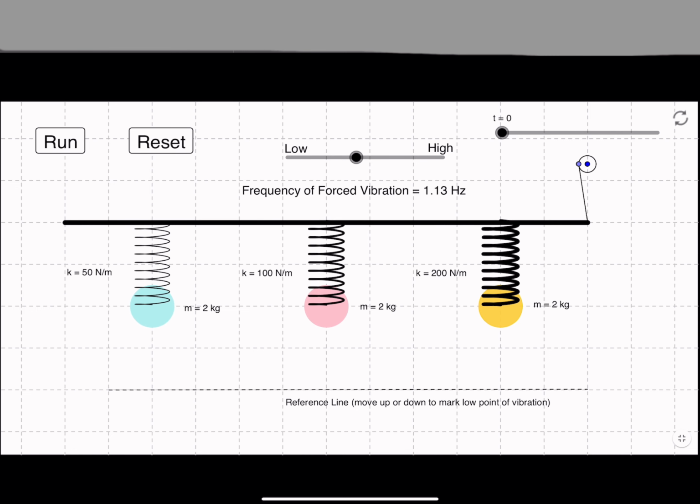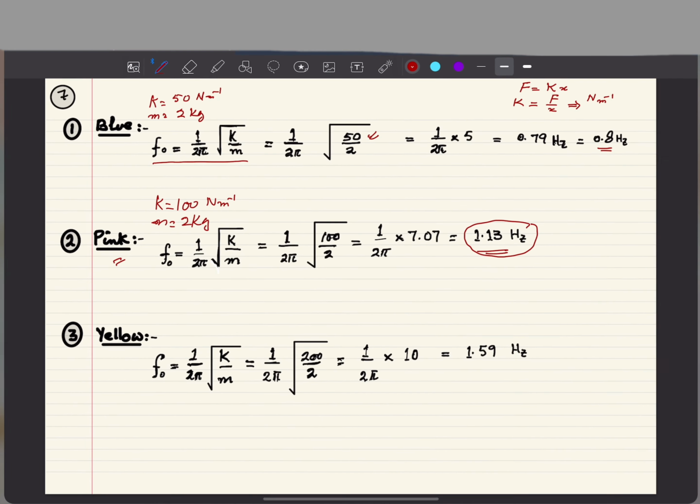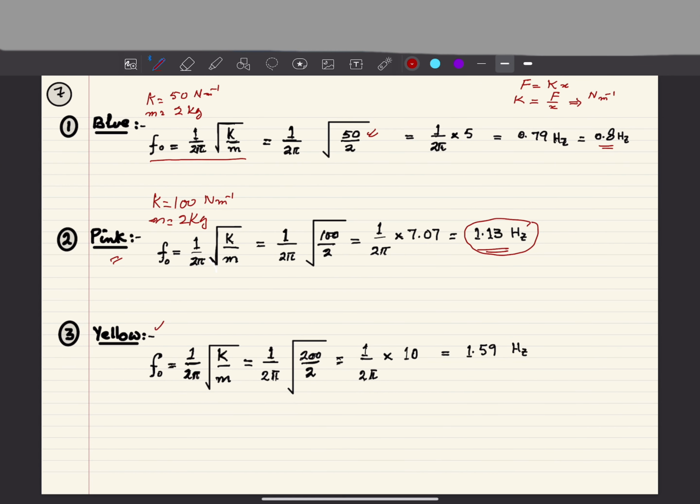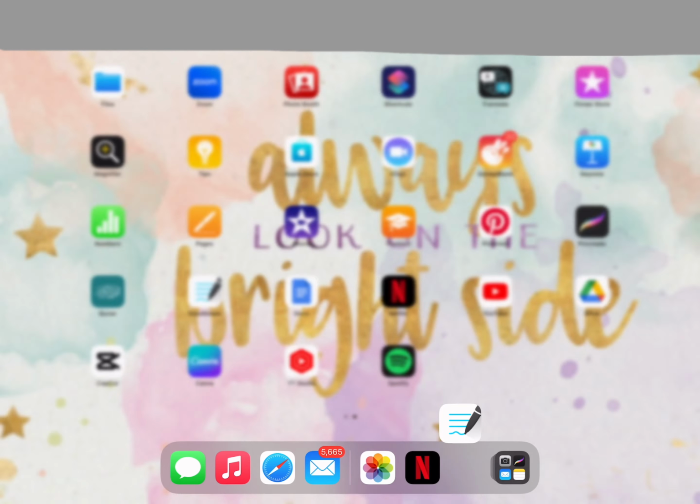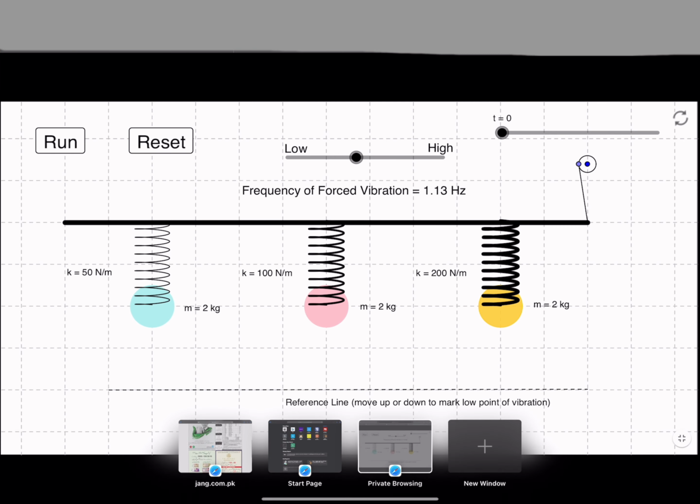And now we want to set up the third situation, where we have the yellow ball. This time K is 200 Newton per meter, mass is the same, which is 2 kg, and the calculation says that we have the natural frequency as 1.59. So what is the situation here?